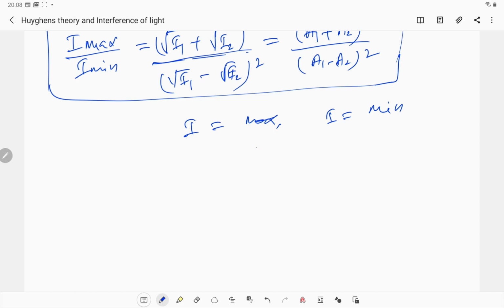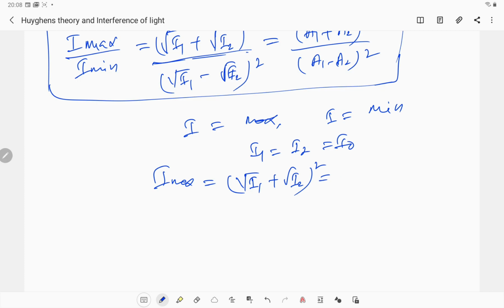See, for example, if I1 is equal to I2 is equal to I naught, what is I maximum? I maximum is equal to (root I1 plus root I2) whole square. What is root I1? Root I naught plus root I naught whole square. Therefore, I maximum is equal to (2 root I naught) whole square.